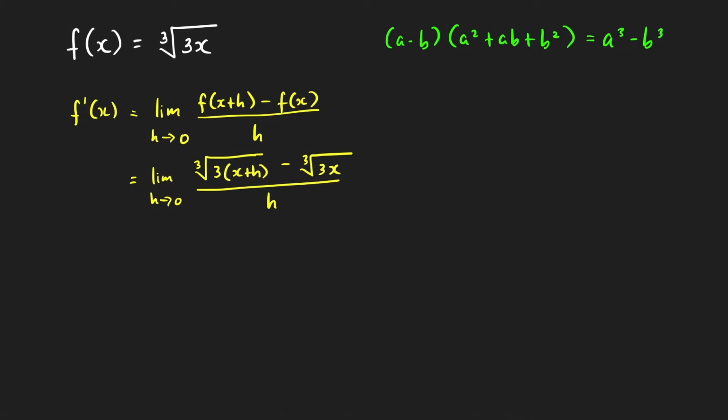So therefore, the strategy here is to multiply this numerator and denominator by, so square the first term, so that is a squared, and the square of the first term is just the cube root of 9 times the quantity x plus h squared, and then plus ab, and ab is just this expression times this one, which is equal to plus the cube root of 3 times 3, so that is 9 times x, and then times x plus h, and then plus b squared, which is the square of this one.